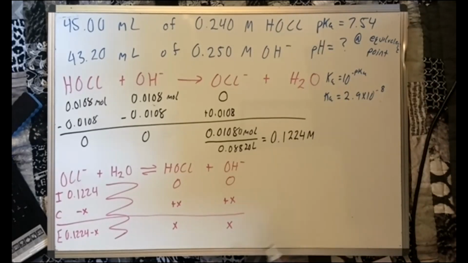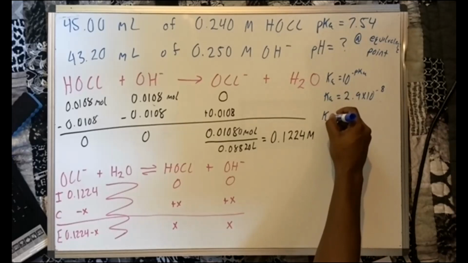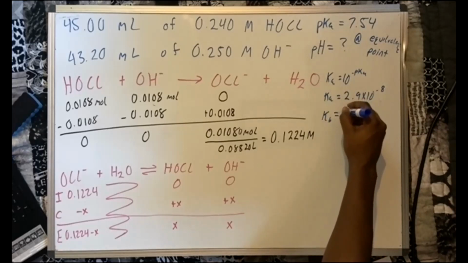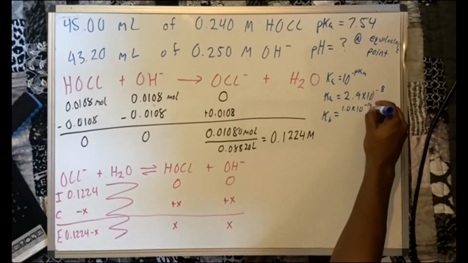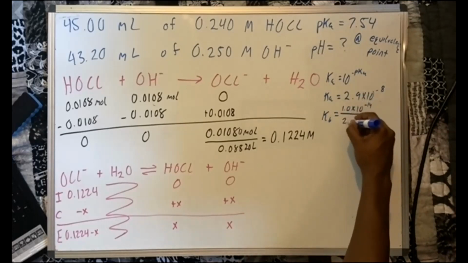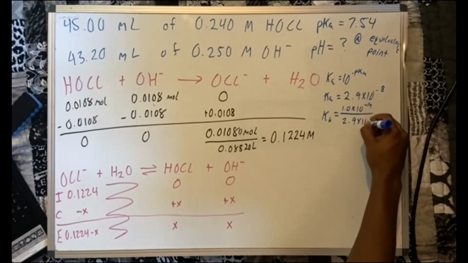Again, feel free to follow along and check my math. And then KB is KW over KA, so 1.0 times 10 to the negative 14 over 2.9 times 10 to the negative 8.